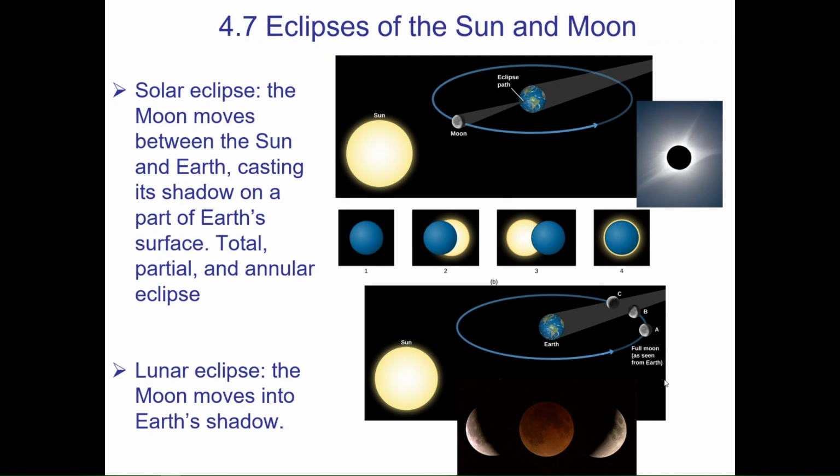Then we mentioned the phases of the moon, and how we are able to observe different phases of the moon. In addition, the moon also exerts a differential gravitational force, which causes the high tide and the low tide on the Earth. And finally, we talked about how the solar and the lunar eclipses appear and how we're able to observe them.